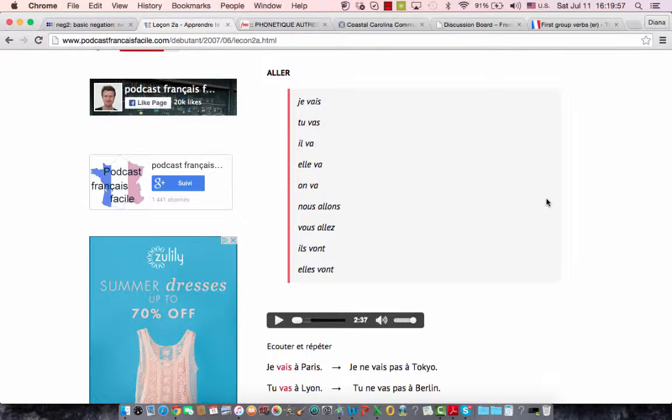Nous allons, vous allez, ils vont, elles vont. Really irregular verbs, you have to learn them as they come with that form. There is no trick that I can teach you to remember auxiliary verbs or irregular verbs. You just have to practice.